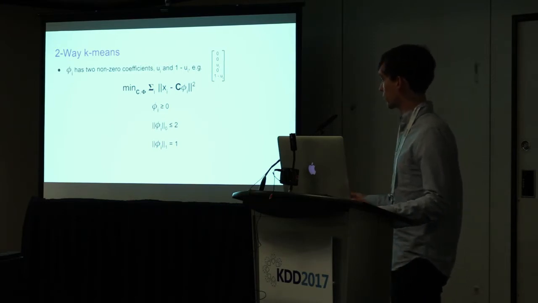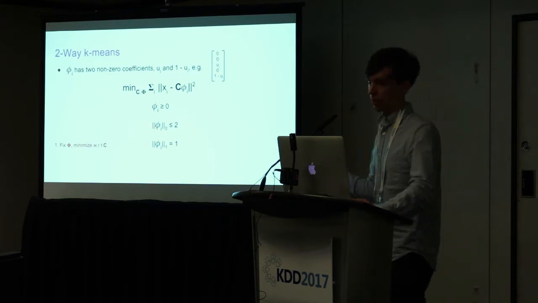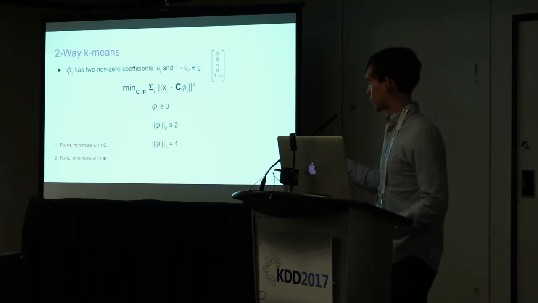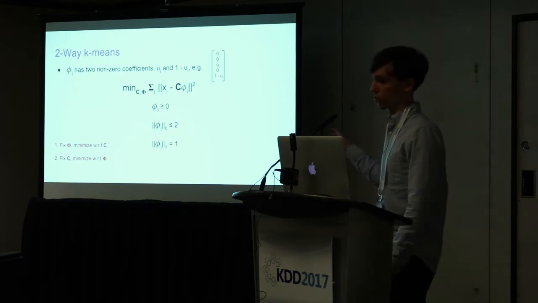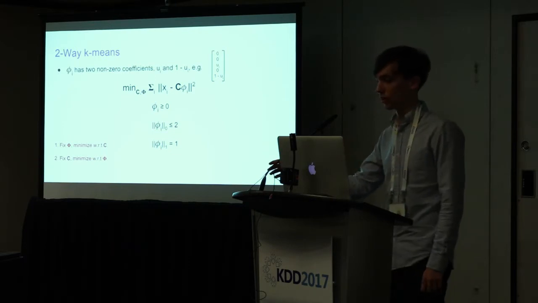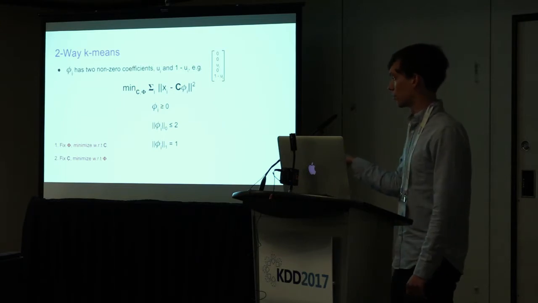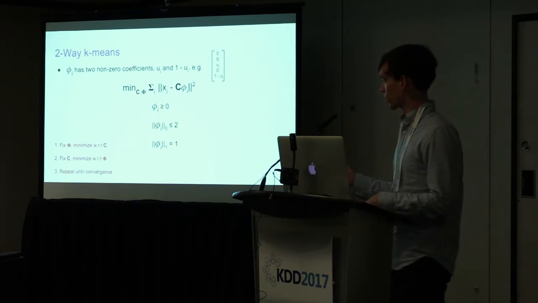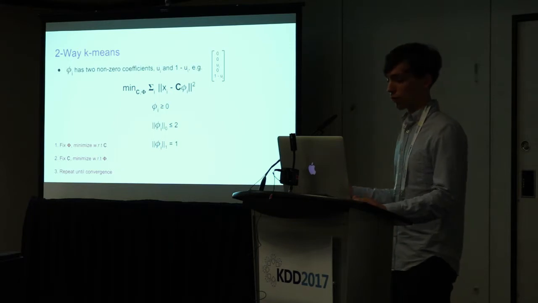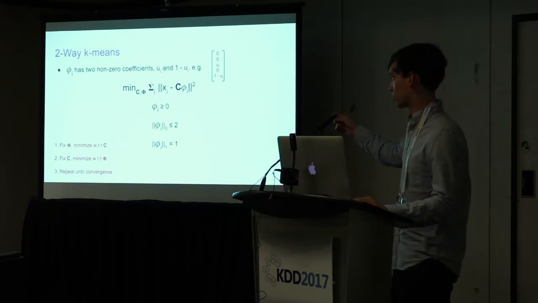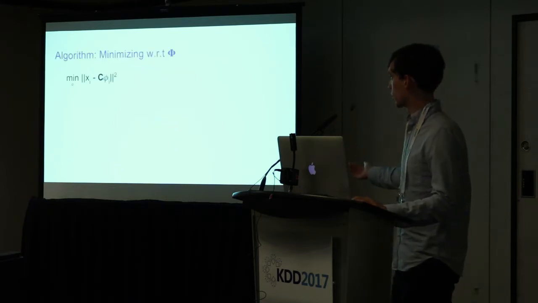In generalized kMeans, this is done by alternating minimization with respect to phi and C, that is, with respect to the coefficient vectors and then with respect to the representatives. We're going to do something very similar, but because we have these added constraints, we had to make a few changes.